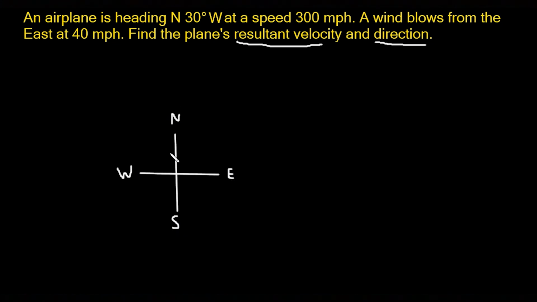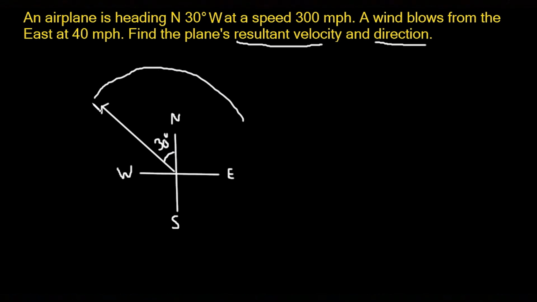If I'm going northwest, that's going to be in this direction here, so I'm going to put on my vector. My bearing will be in respect to the y-axis, meaning this is going to be 30 degrees. That's how you put on bearing. It's pretty easy. All you have to remember is it's always in respect to the y-axis.